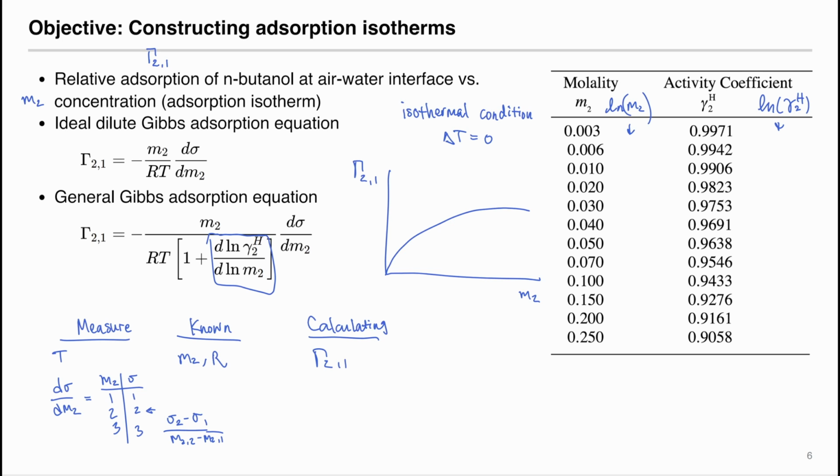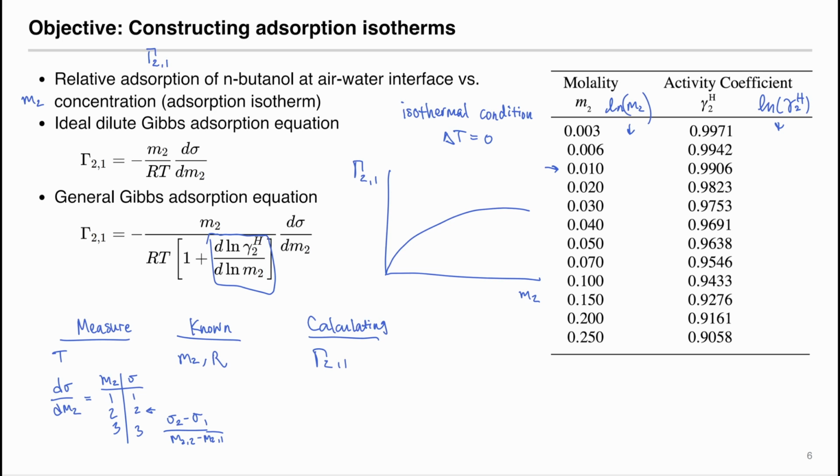To determine the slope at one particular point, for example, molality 0.01 molar, I'll take these two columns: the activity coefficient and the natural log of the activity coefficient.